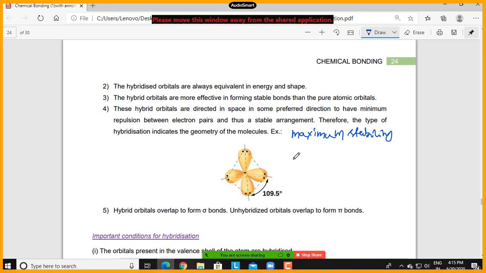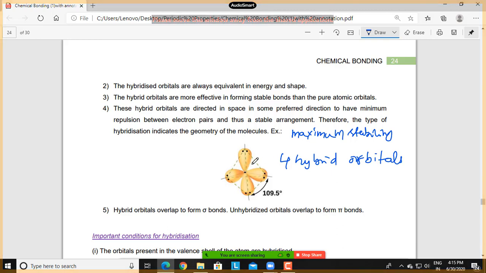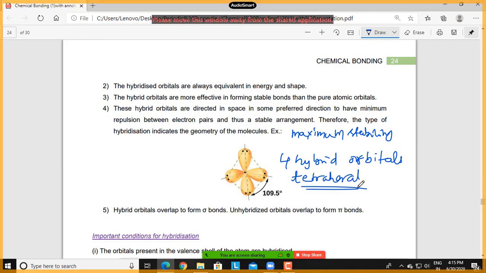If you have four hybrid orbitals, they will rearrange themselves in space to form a shape called tetrahedral. If four are there, they can make a tetrahedral shape in 3D. Actually, it is not in a plane.